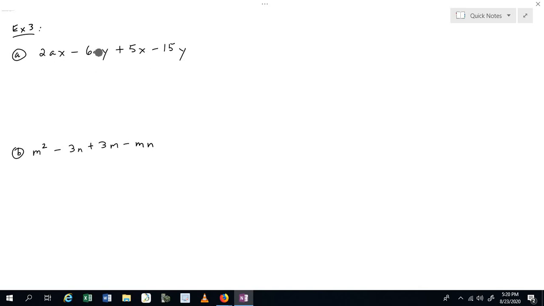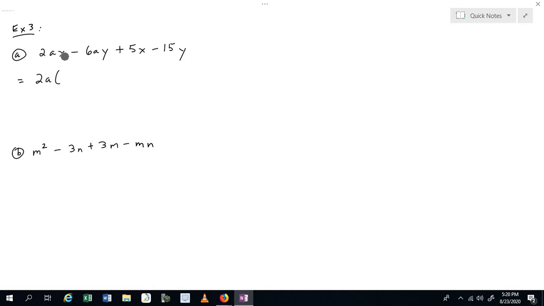Okay, so for now, let's just take these two first and then factor out what they have in common. And then we'll factor out what these two have in common next, and we'll see if factoring by grouping works in this case. These two terms have a 2a in common, right? So I'm going to pull the 2a out.